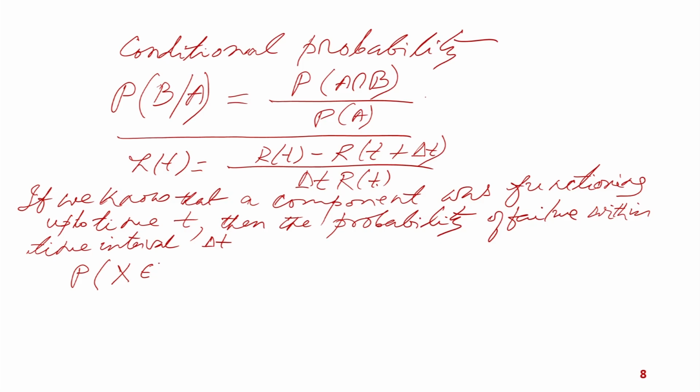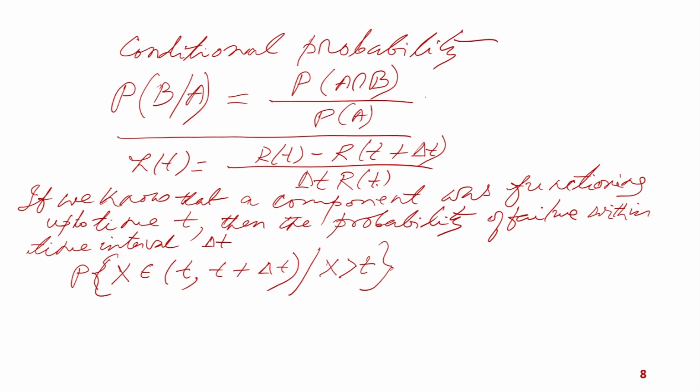It happens between t and t plus delta t, given that it has already performed up to t. So I can write it like this, with a second bracket.